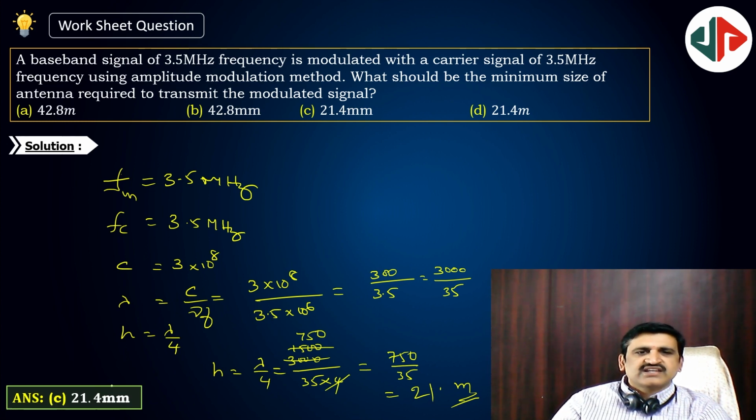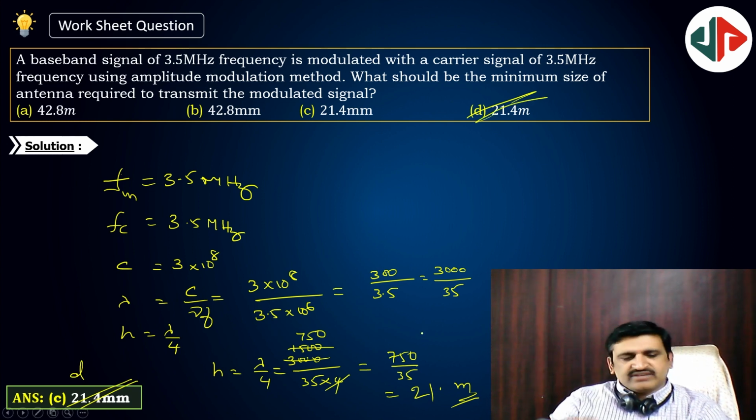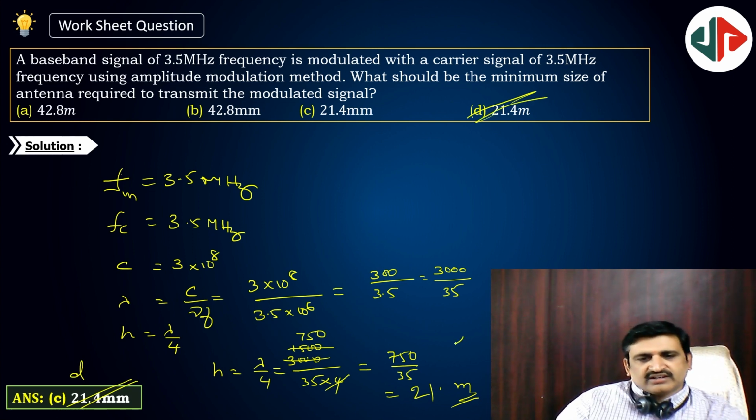This is not option C, it is option D. Meters only coming, not millimeters. Anyway, you check yourself once. I got like this.